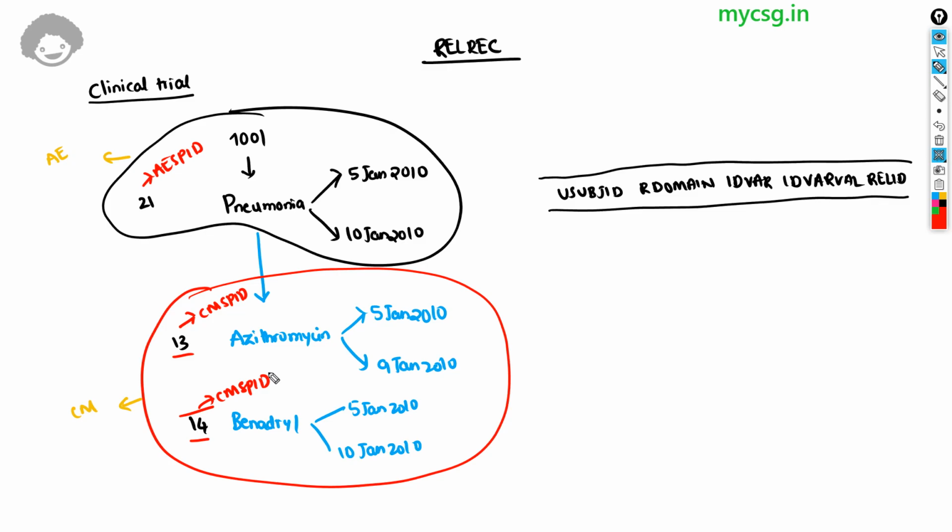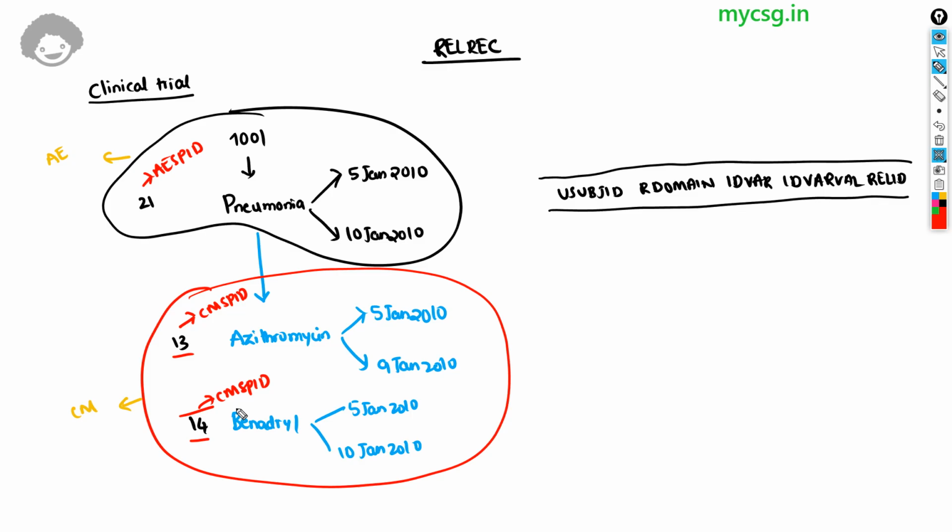So now we know that the record which has an AESPID of 21 is related to the records 13 and 14 with the values in the CMSPID variable. So we need to show this relationship in our RELREC dataset.